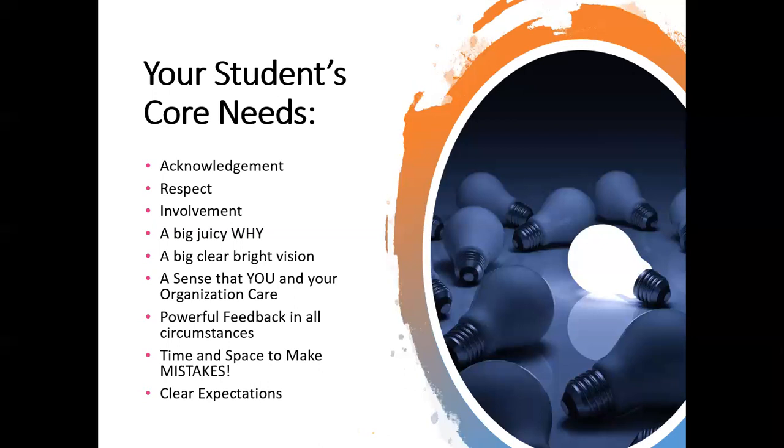Okay, as I said, clear expectations. The more that learners are comfortable with what may be happening, the more they're going to feel comfortable, so to speak. Clear expectations about what is required in terms of academic success, but also clear expectations about behavior, is going to make them feel safer on the unconscious level.